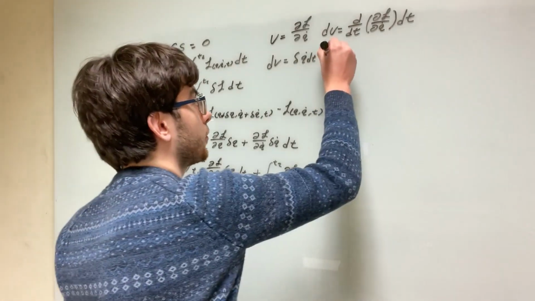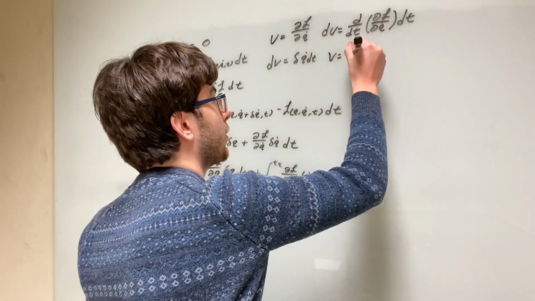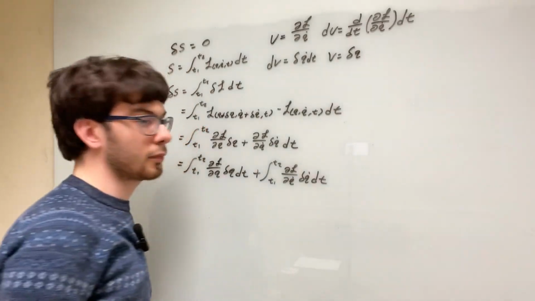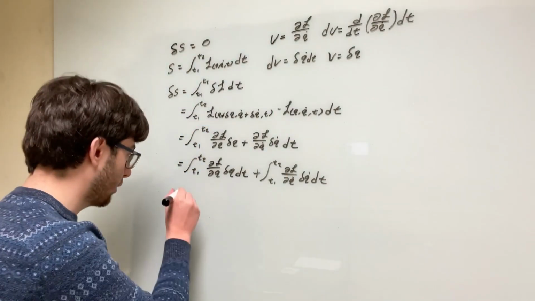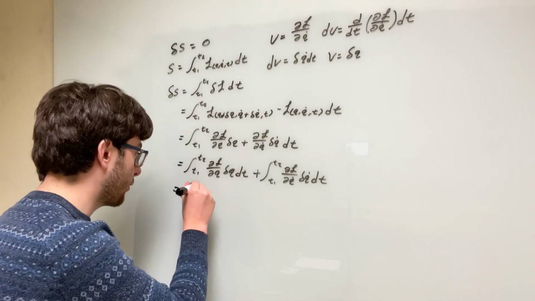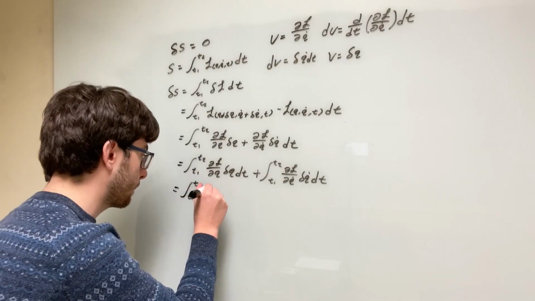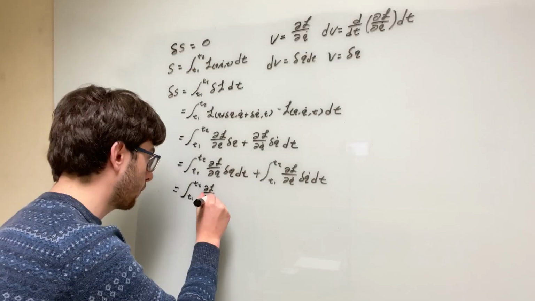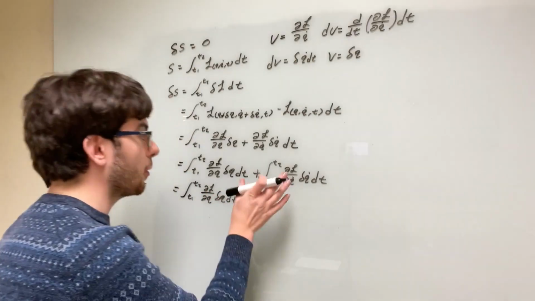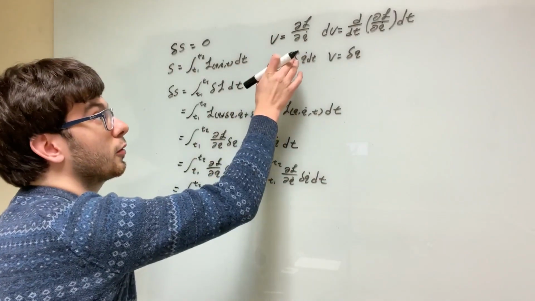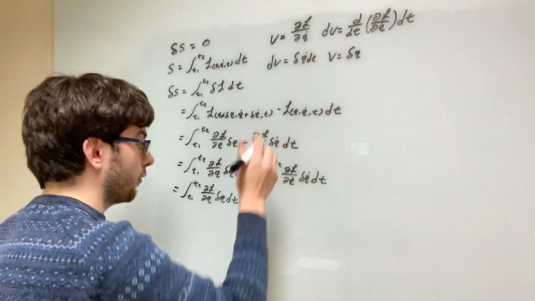And our v will then be the variation in q. So now let's use integration by parts. So rewriting this first integral, and then evaluating the second one, we have our u is right there, and then our v.